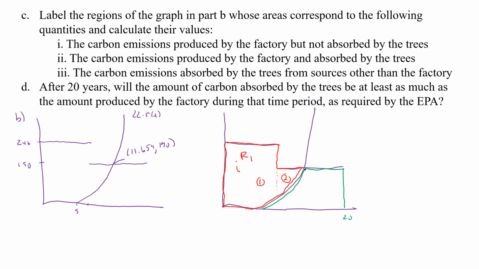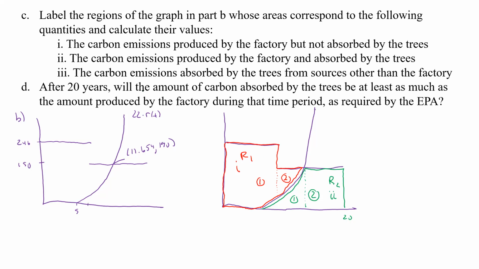Now the key here is this region is going to be under this curve, and this region is going to be under this curve. So overall this is going to be region 2. But we have a part here and a part here, thinking about that as under this curve versus under that curve.